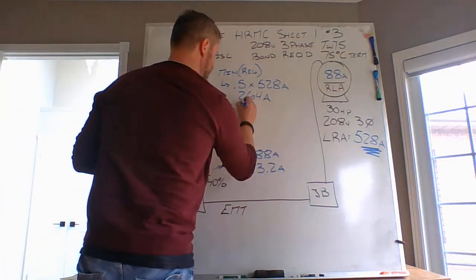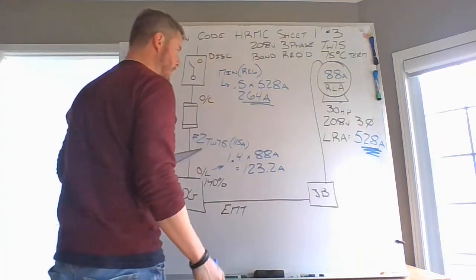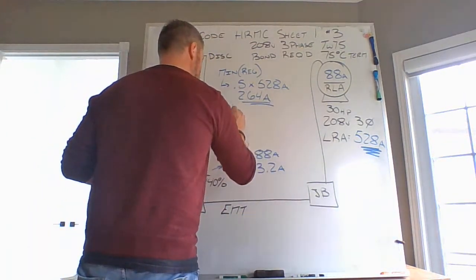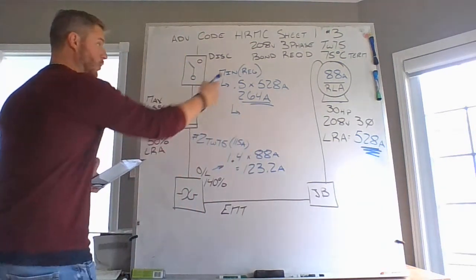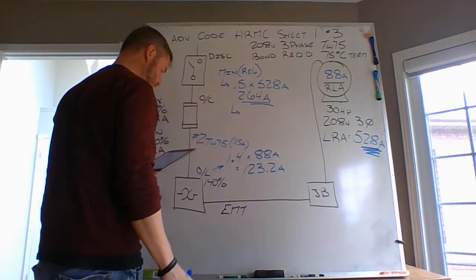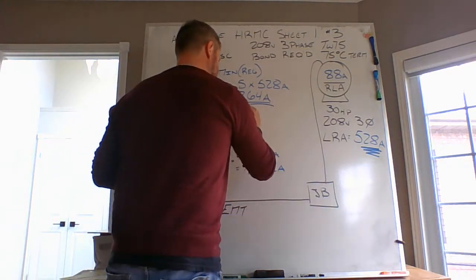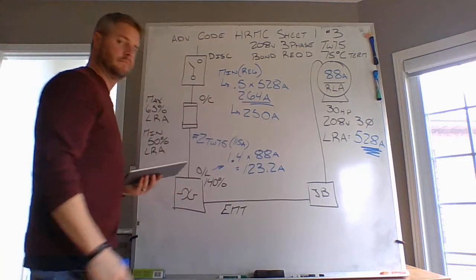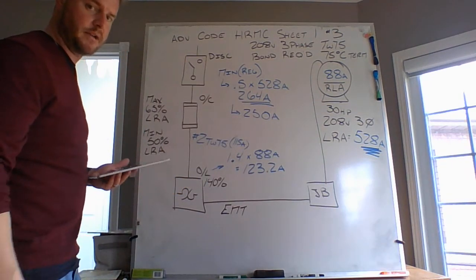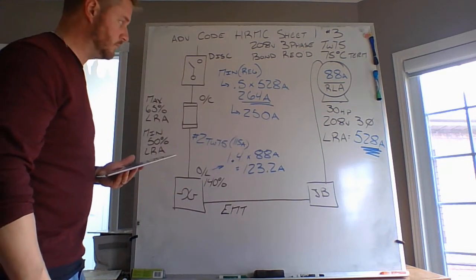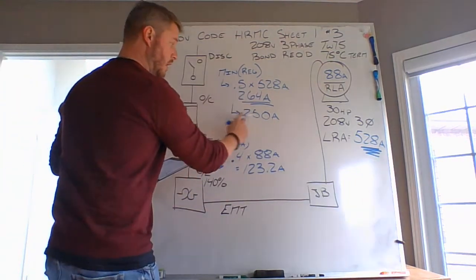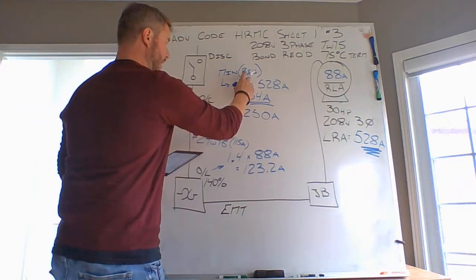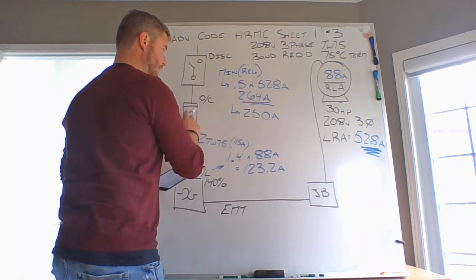Obviously, I cannot exceed that 264. They don't make a 264 amp fuse, so I now drop down to my minimum installed or my regularly installed fuse of a 250. 250 amps. Nominally installed fuse size. Can't exceed the 264, 250. That's my installed value for my regular fuse size.